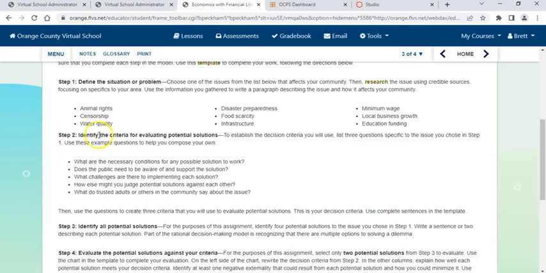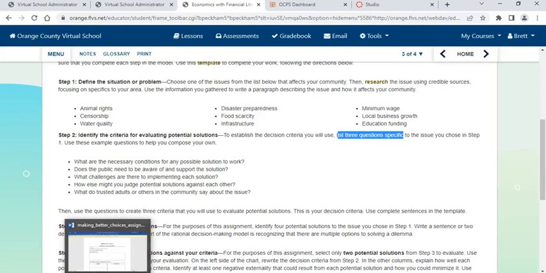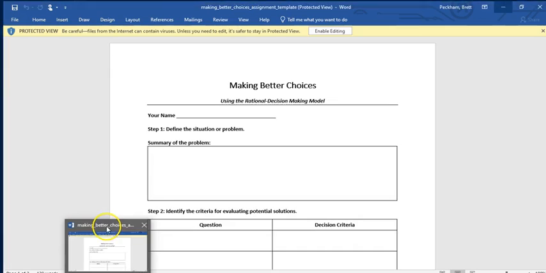You're going to identify the criteria for evaluating potential solutions. You will list out 3 questions specific to your issue. So pick any of those 3 here in that template, let me just show you that template here real quick.